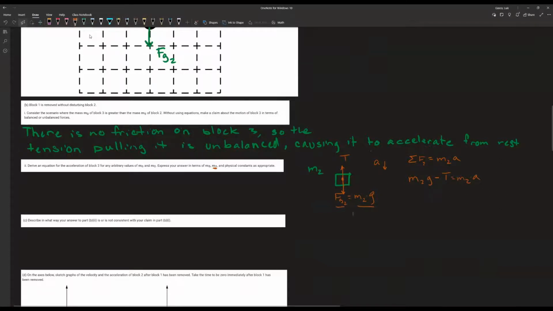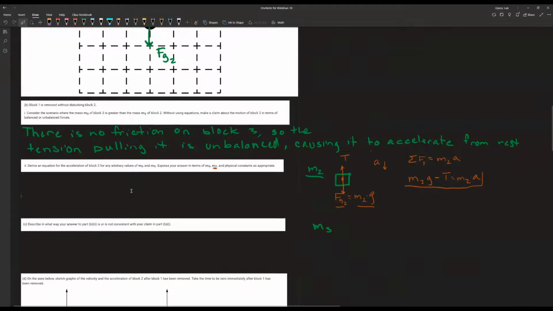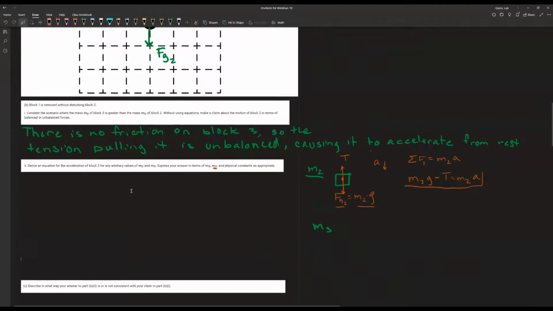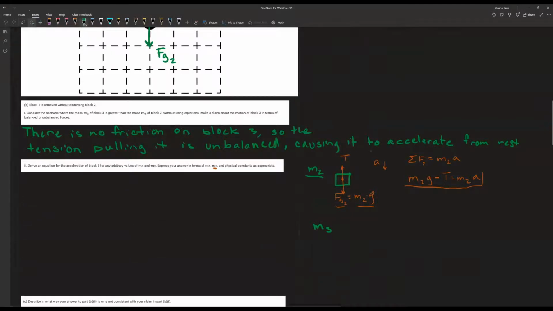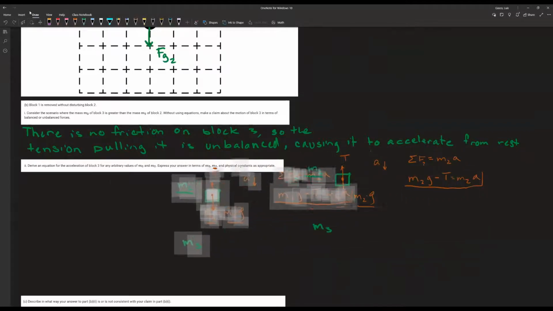So that's one equation. The next one is going to be for M3. Give me 1 second. I'm going to move this over. Let me know what we're thinking if we were confused, lost, or any of that good stuff.